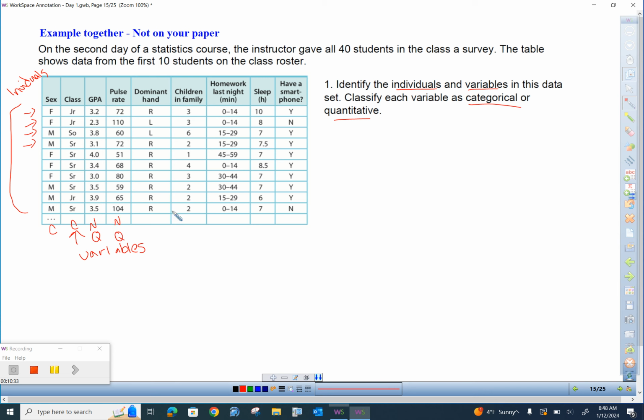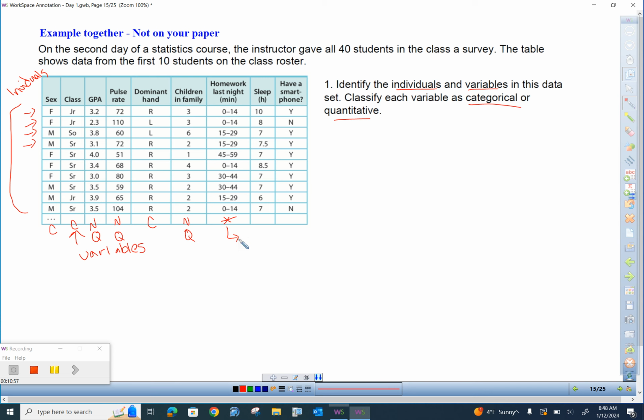Dominant hand, that's going to be categorical. This would be an example of one that would be easily displayed in a pie chart because there aren't very many options. Children in family, that's numerical, so it's quantitative. Homework last night in minutes. This is another example that we haven't talked about yet, so it may be helpful to add this to your notes.